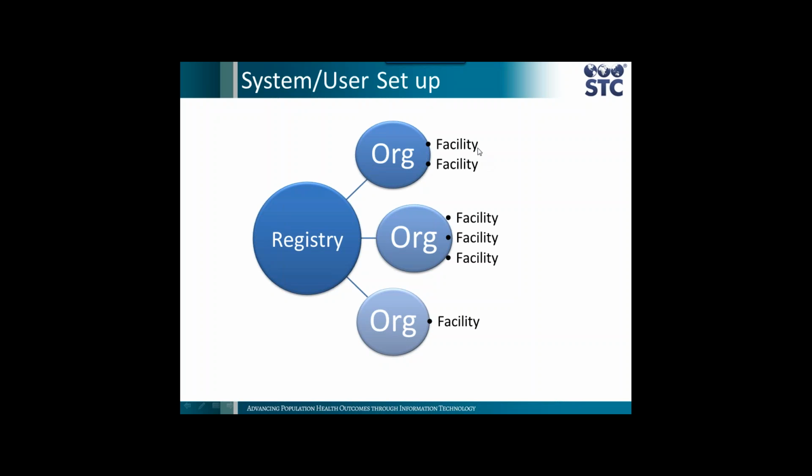So you could have multiple facilities underneath an organization, and that's how this setup works. So we have our big registry, which everybody, facilities, organizations, everyone's sending data into, and then we have break-offs of big organizations, and then it goes into separate facilities.